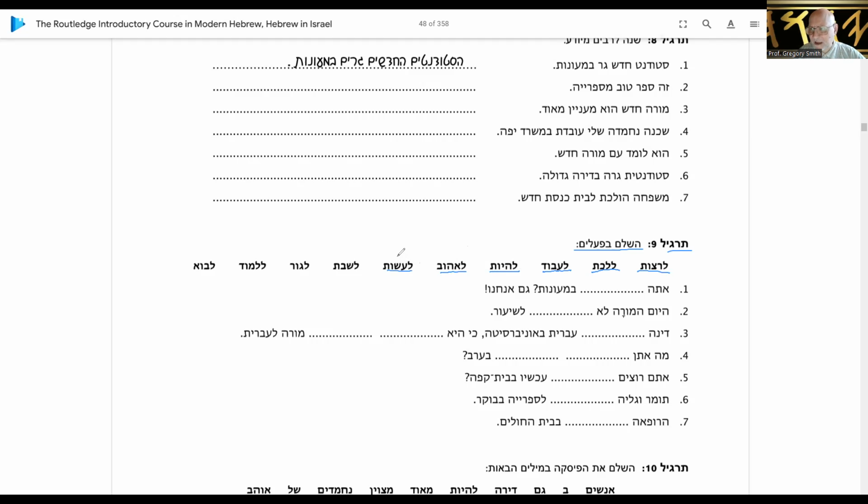La'asot comes from asa, to make or do. Look at this. Lashevet. Yeah, to sit down. That's right. To rest. לשבת. Lashevet, to dwell.